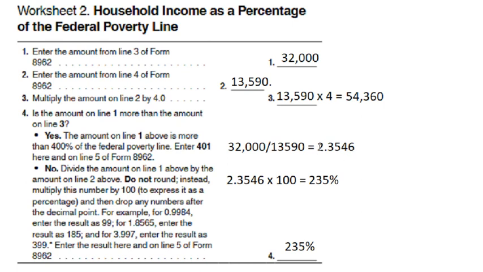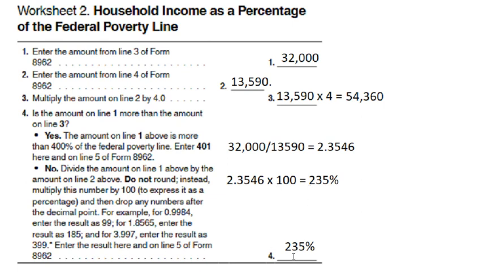And then turn this into a percent. So 2.3546 times 100 is 235%. And then here it says do not round. Just multiply by 100 and then write it as a percent. 2.3546 times 100 is 235%.